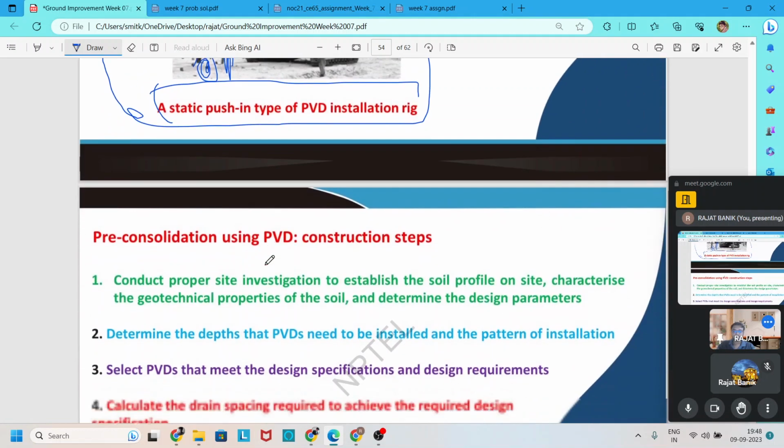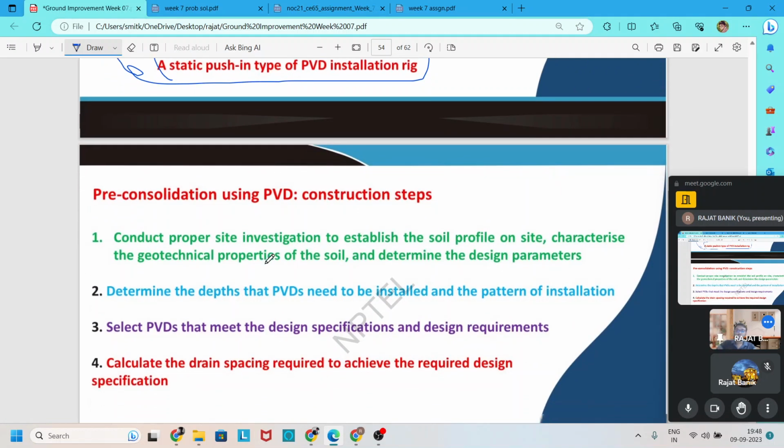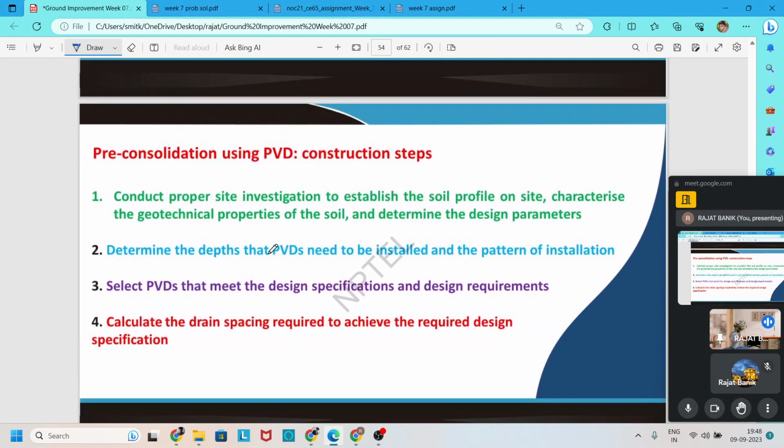Now we discuss the construction technique of this prefabricated vertical drain. Here it is said to conduct a proper site investigation to establish the soil profile on the site, characterize the geotechnical properties of the soil, and determine the design parameters.